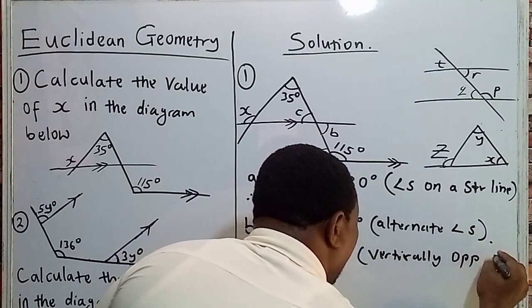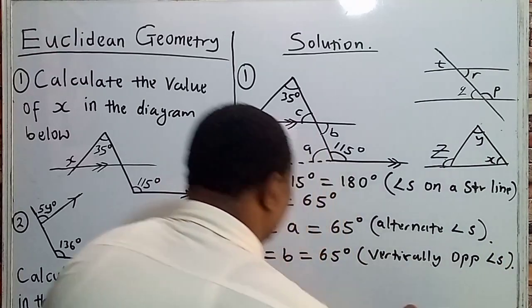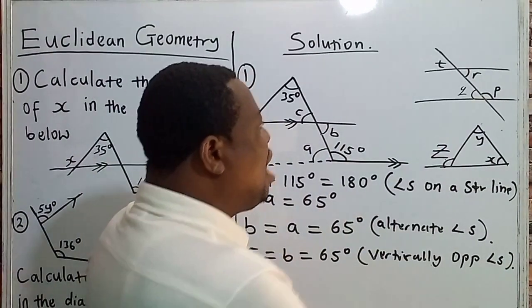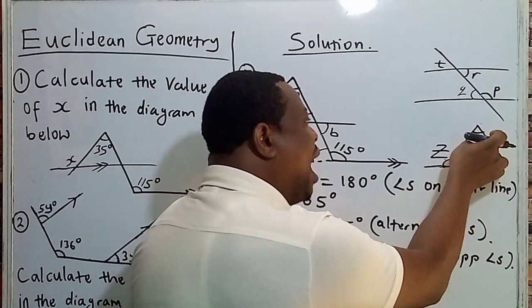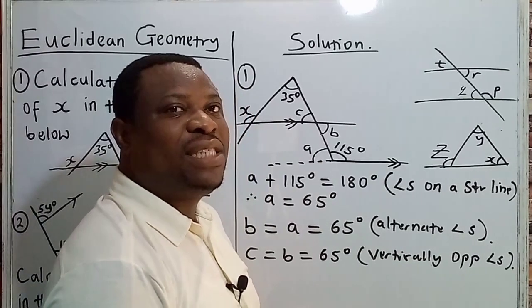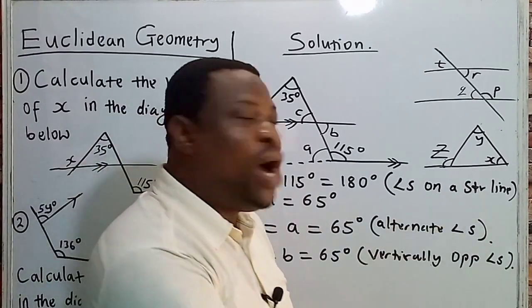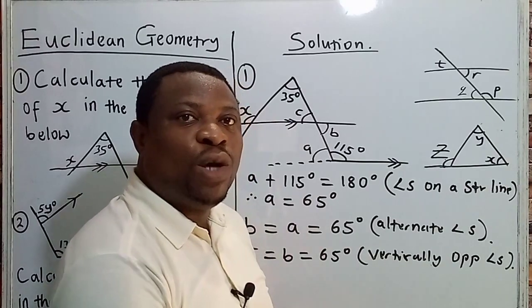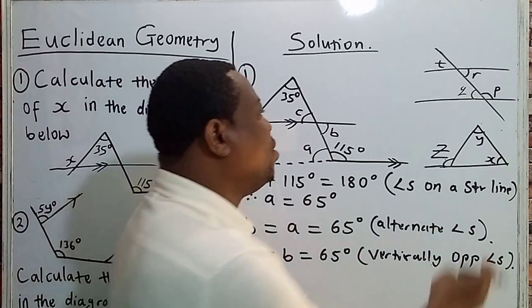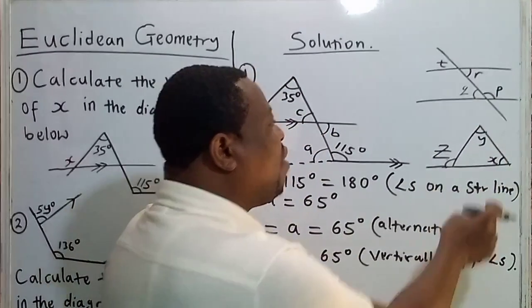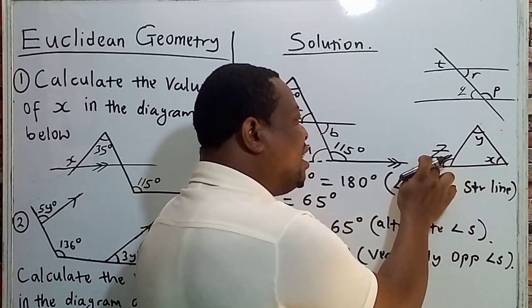So therefore, coming back to this triangle, if I add x plus y I will get z. And why is it like that? There's a theorem that states that the exterior angle, which is this z, is equal to the sum of the opposite interior angles. The opposite interior angles in this case are x and y. That is, if I add x plus y, I'm going to get z.